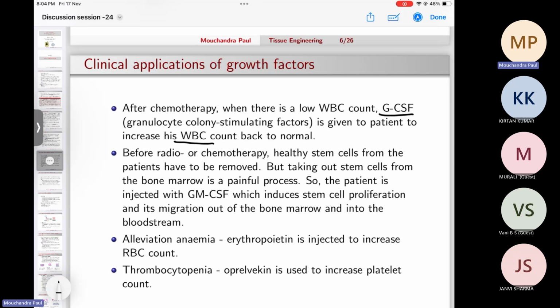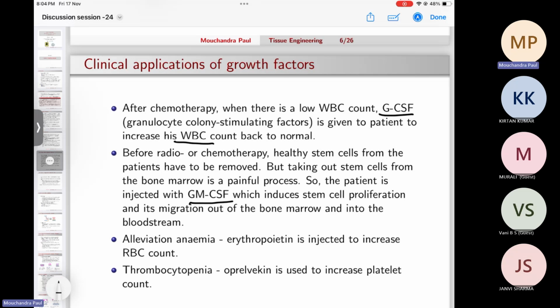Another alternative approach is that the patient is injected with a growth factor GM-CSF, granulocyte macrophage colony stimulating factor. This growth factor triggers the stem cells in the bone marrow to come out into the bloodstream, so that a doctor can directly take out the blood containing the stem cells of bone marrow.